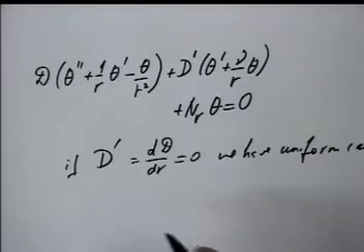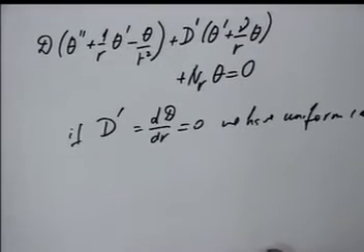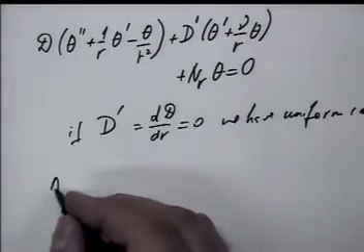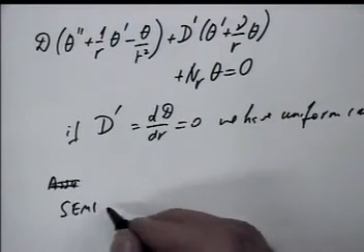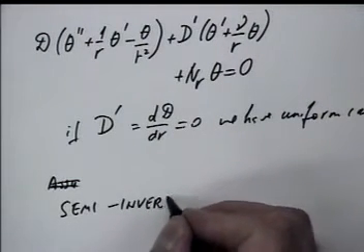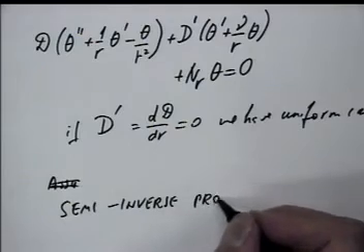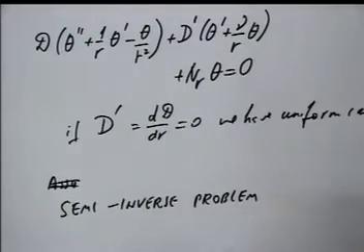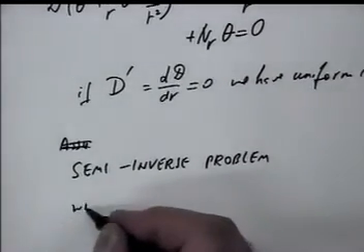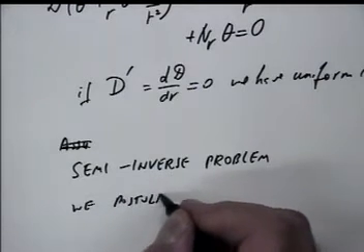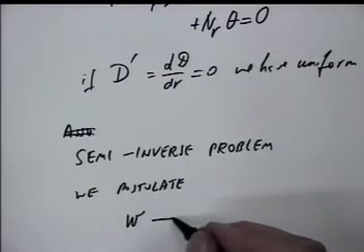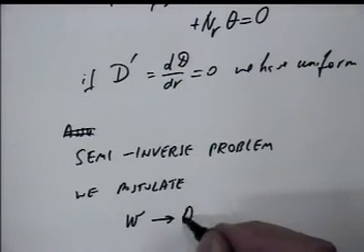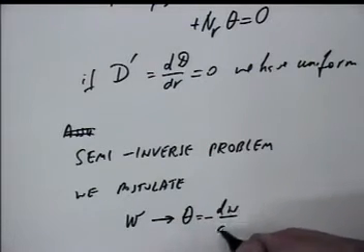Now my question is as follows. Assume we are now solving a semi-inverse problem. We postulate W. This leads to the postulate of theta, which is minus dW/dr.